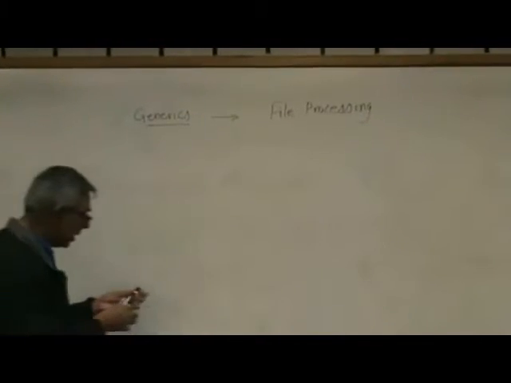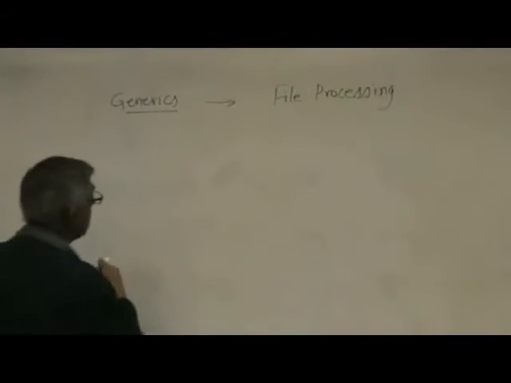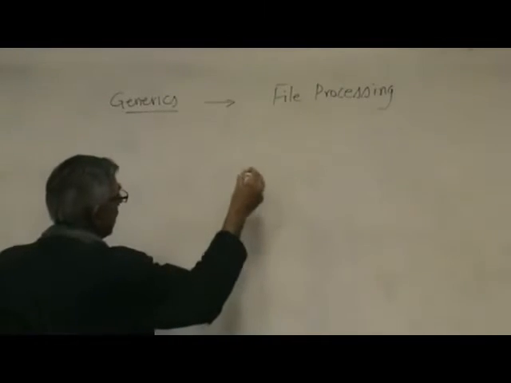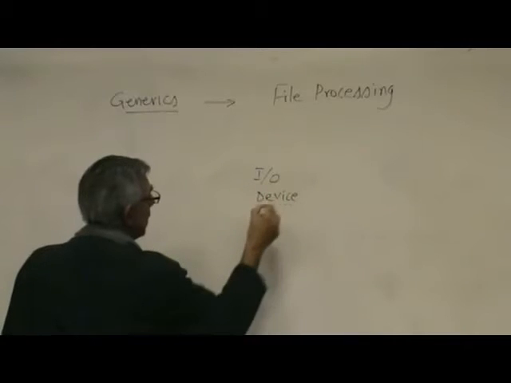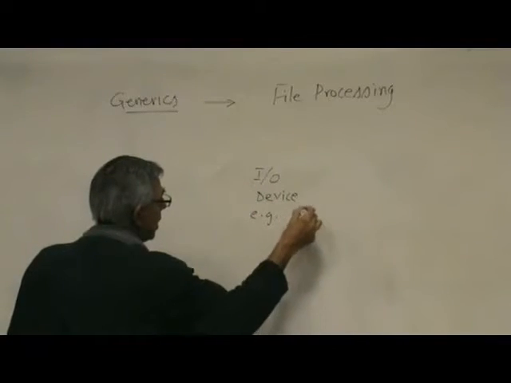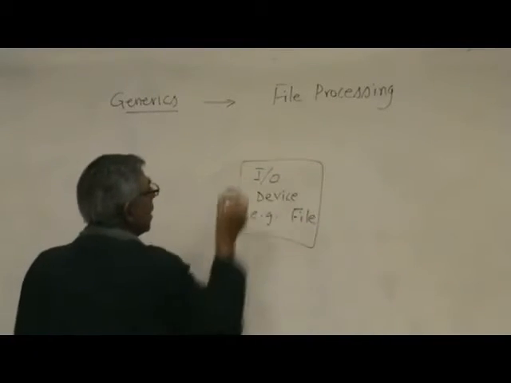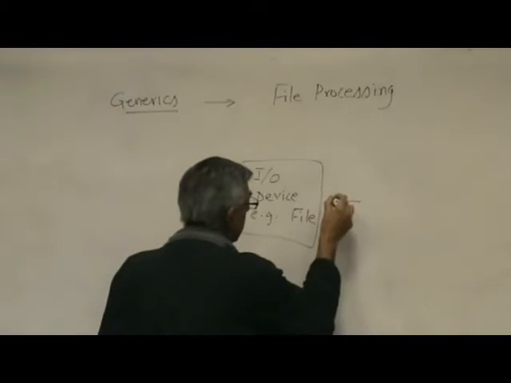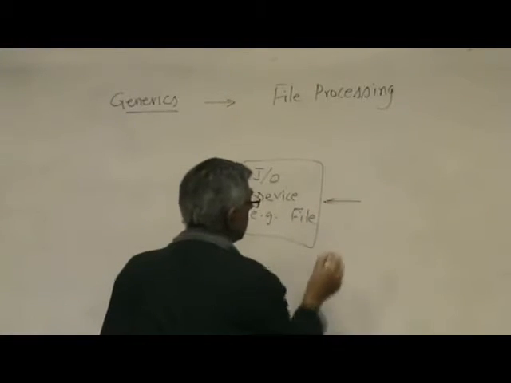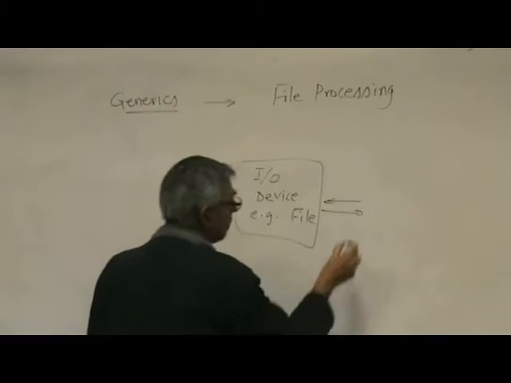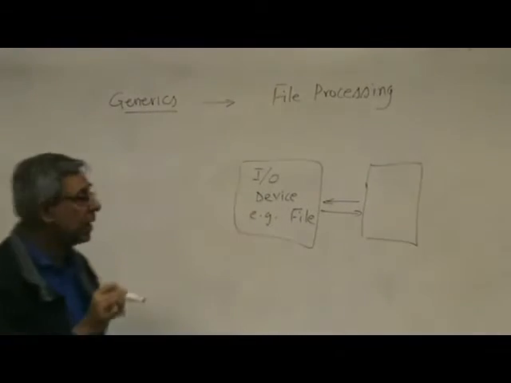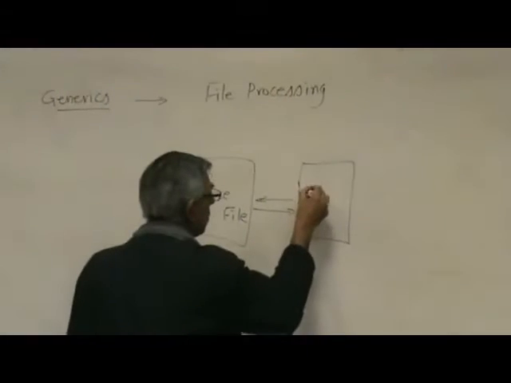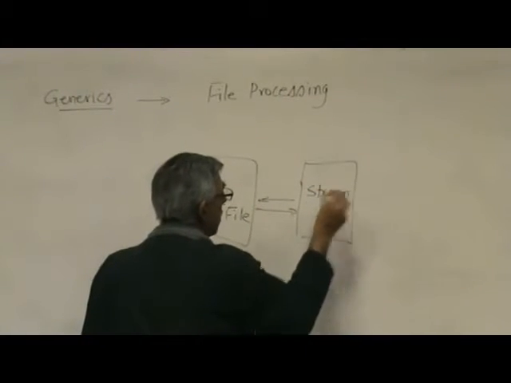The concept in both Java and C# is like this. If you have any I/O device, for example a file, we don't try to read the data directly from the file. If we want to read or write data from a file, we go through one intermediate level, what we call a stream.